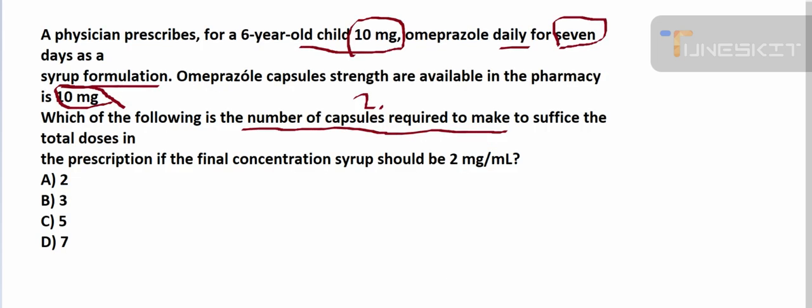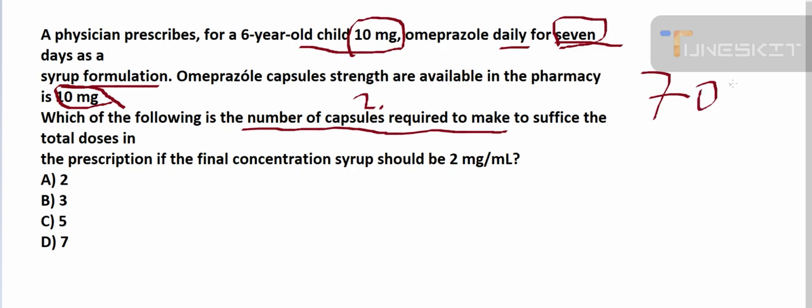There is another calculation which is very simple. A physician prescribes for a 6-year-old child 10 mg omeprazole daily. The dose is 10 mg per day, and he has to take this for 7 days. It means for 7 days the dose will be 70 mg.